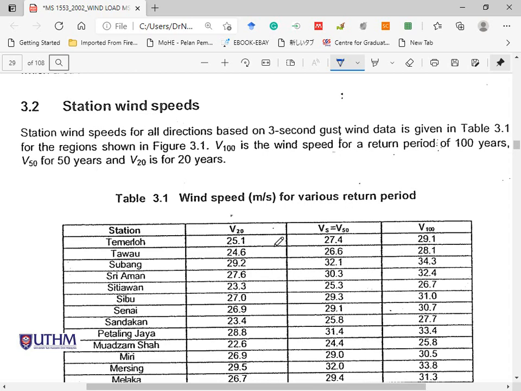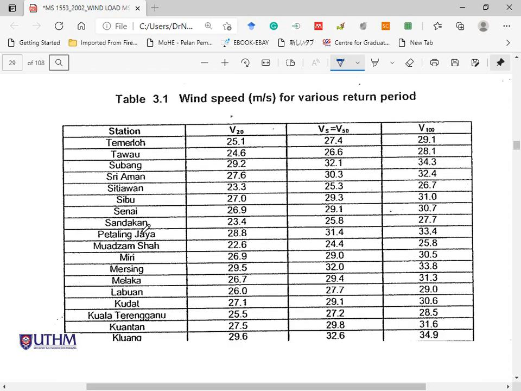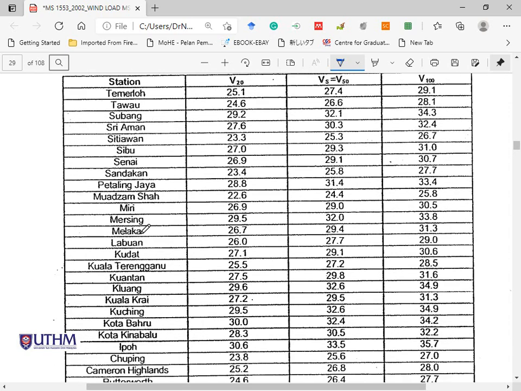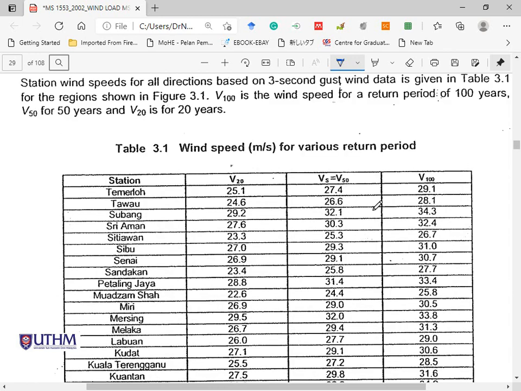Depending on the station, select the value. This is table 3.1 on page 29. I am referring to the page printed in this box when I mention pages.